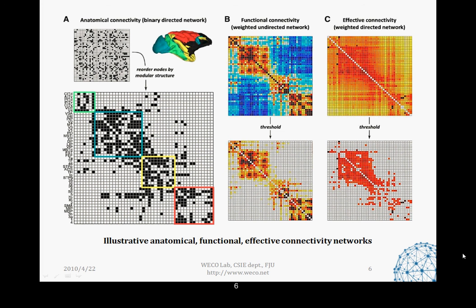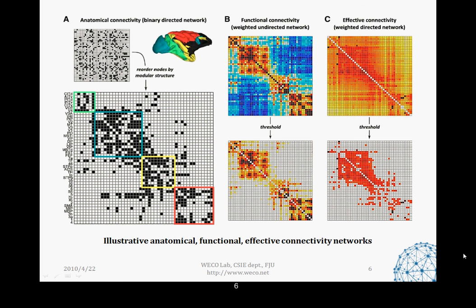Basically, the functional connectivity is for a weighted undirected network, and the effective connectivity is for a weighted directed network, which means direction is important. Some of the connections are unidirectional, some are bidirectional. It's just like a network, so in the analysis the direction is important.